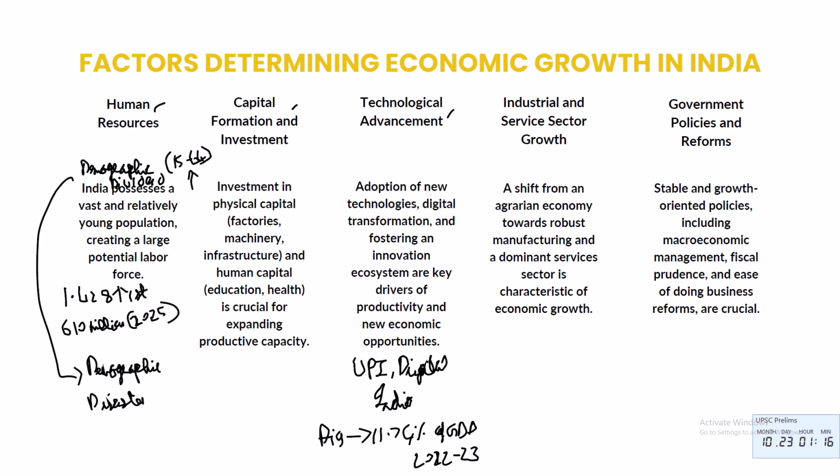Next one is government policies and reforms. Stable and growth oriented policies include macroeconomic management, fiscal prudence, and ease of doing business reforms. They are very, very crucial. Here, India jumped from 142nd place in 2014 to 63rd place in 2019 in the World Bank's Ease of Doing Business Index.